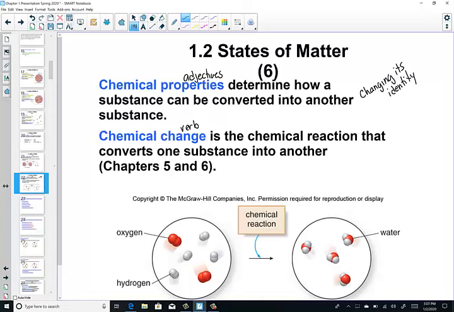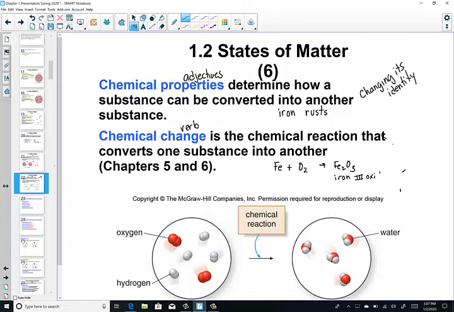So remember, if I'm describing, for example, iron has the ability to rust. Iron will rust. Any metal will oxidize over time. I'm describing to you that metals have the chemical property of oxidation. If I actually observe the chemical change, I can write an actual equation to represent the formation of iron oxide, which is what rust is.